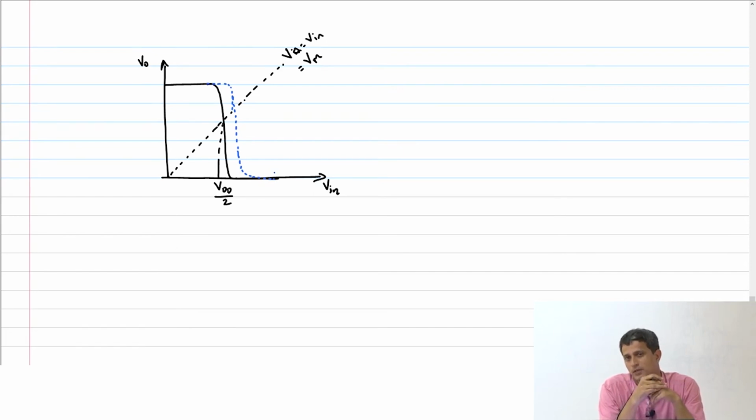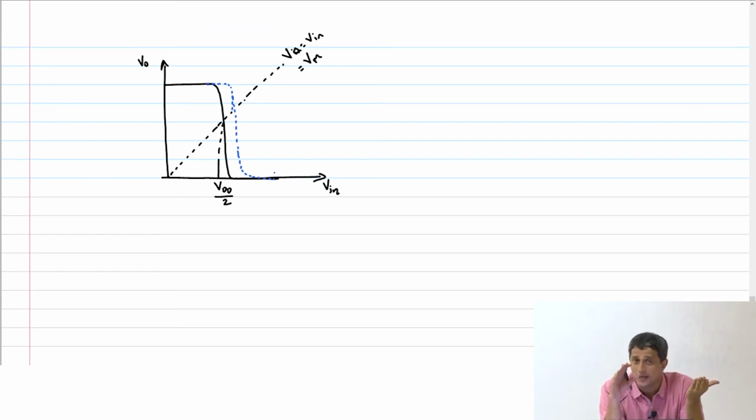No, why? That's what I'm asking. So for the same Vin, you are saying that the PMOS now has a higher current, right? So how will Vout adjust itself to accommodate this higher current? If my width goes up, I'm able to accommodate more current in the PMOS transistor just because of the width.